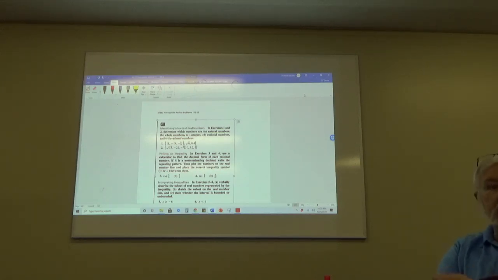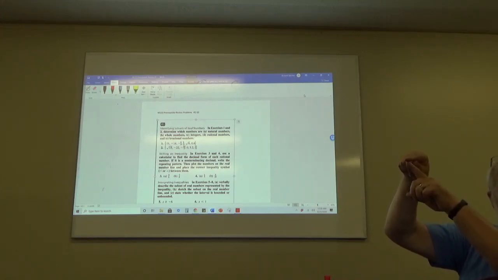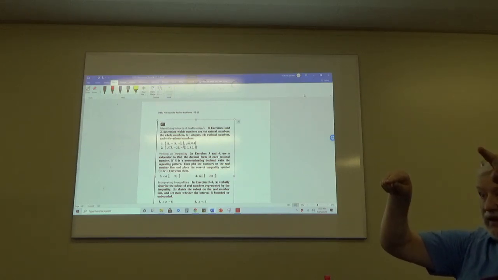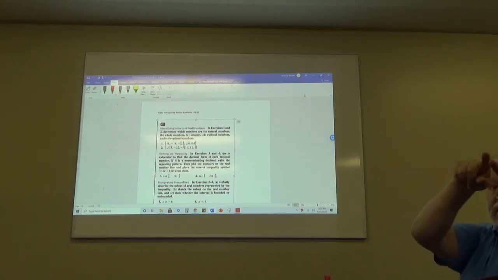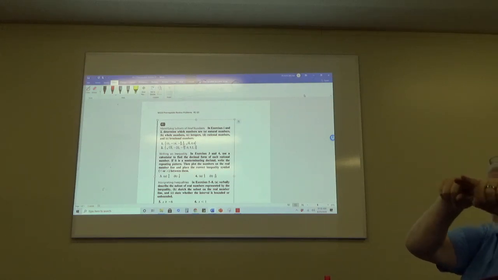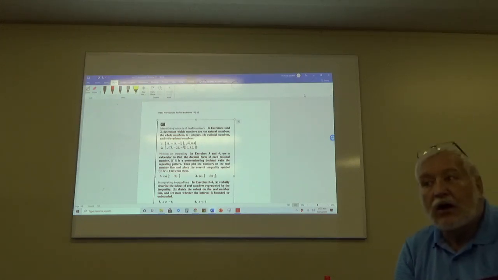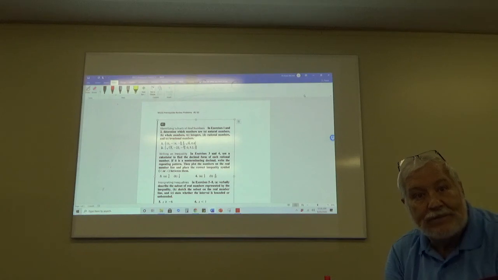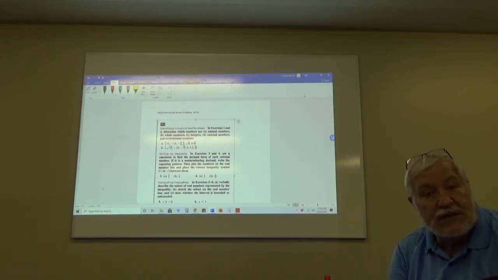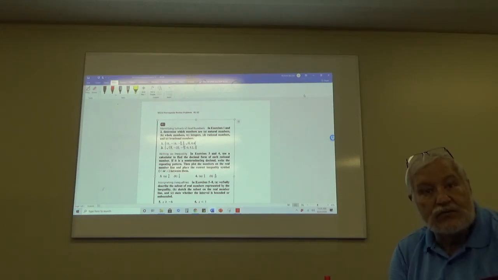If the distance from B to the line is the same as from the line to B prime, and the distance from B to P is the same as from B prime to P, and the distance to the intersection is the same because it's the same point, then you have side, side, side, and the two triangles are congruent. They're exactly the same size. That's one of the triangle congruence formulas: if each side is congruent to another side, then the two triangles are congruent.